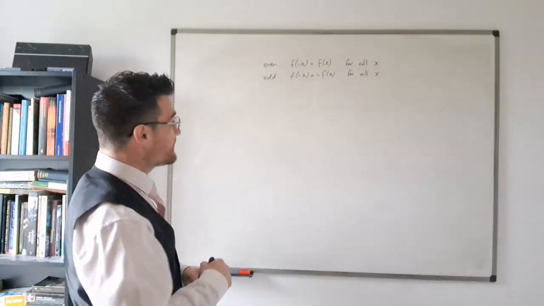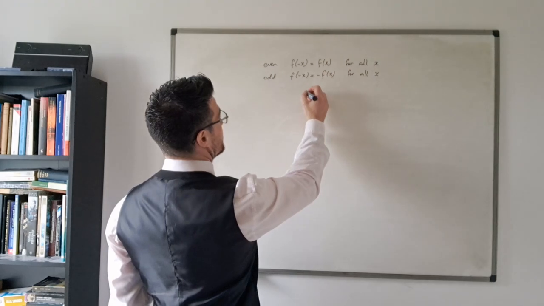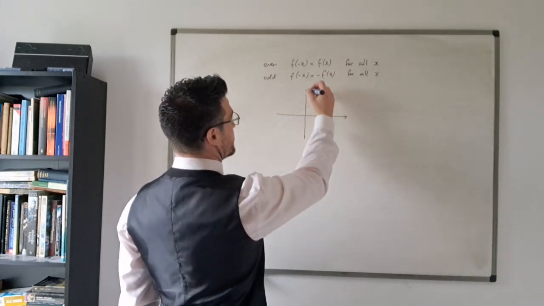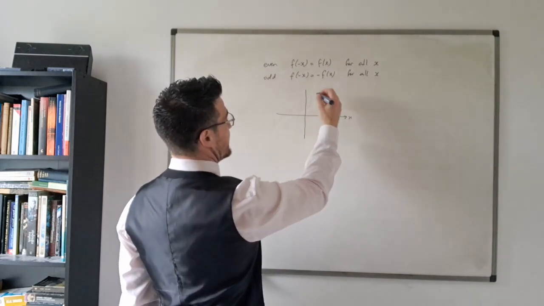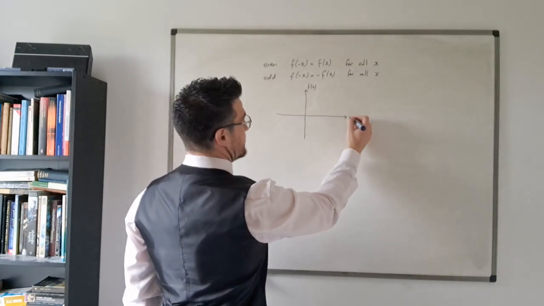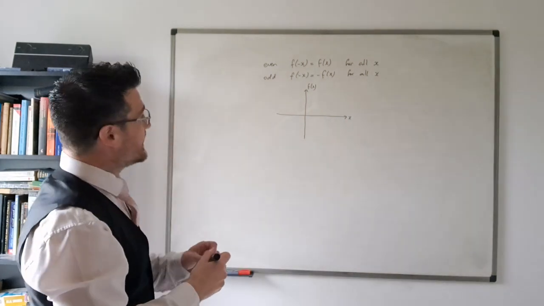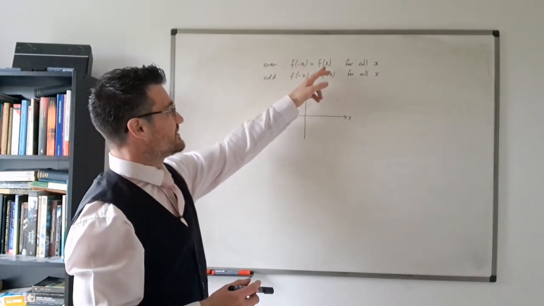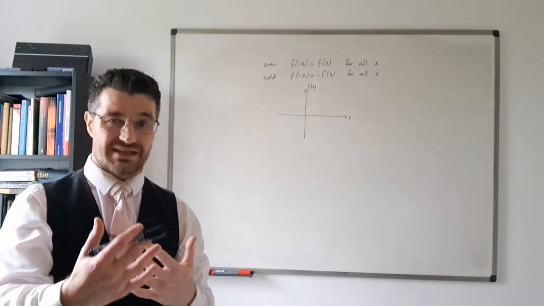If we've got an even function, what might an even function look like? So this is x, this is f of x up here. As we can see, there's kind of a division between what we might recognize as positive numbers and negative numbers.